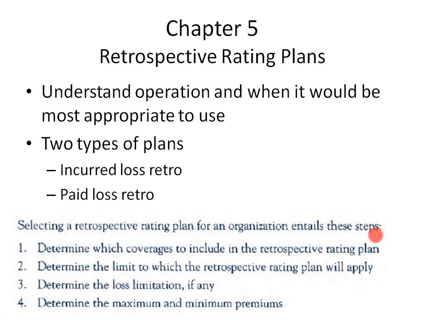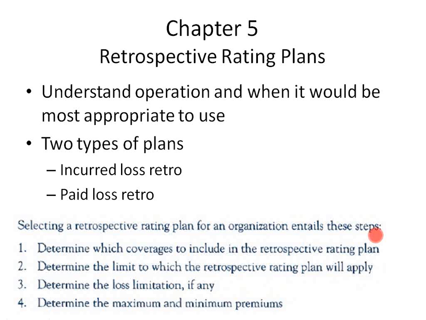And then moving on, once we get to Chapter 5, we start looking at retrospective rating plans. When we look at that, we want to understand the operation and when it would be most appropriate to use. Typically under retrospective, it's going to be low to medium risks, on the severity or the frequency side, maybe medium to frequent.